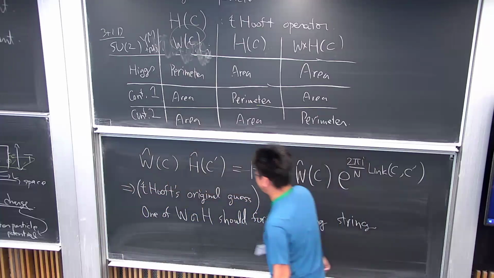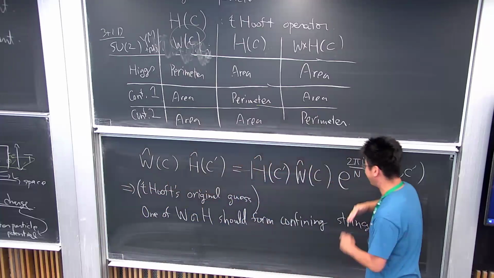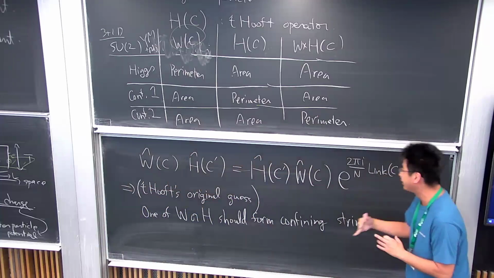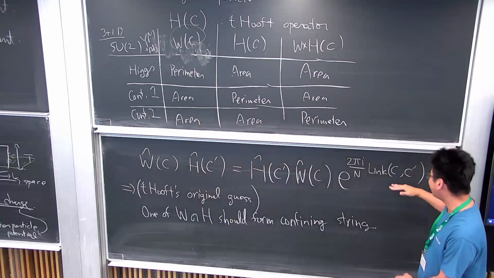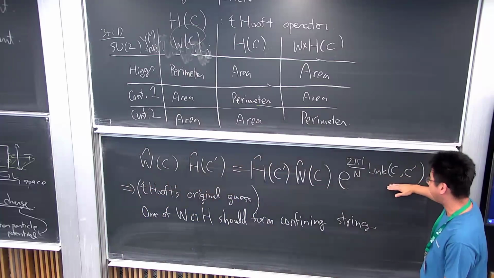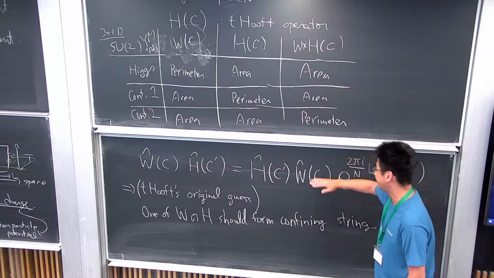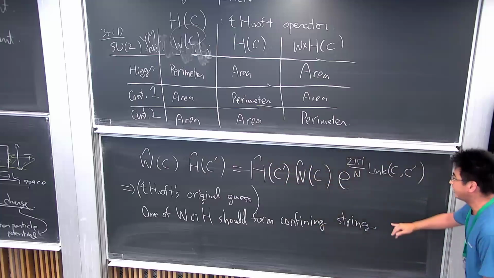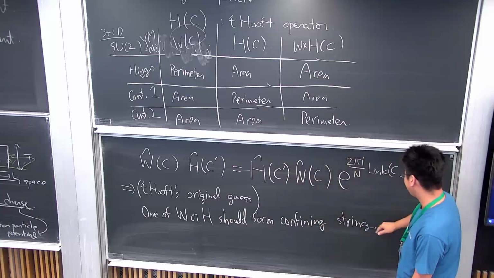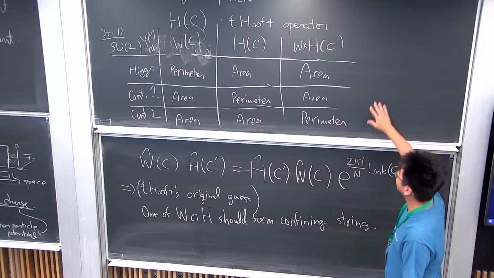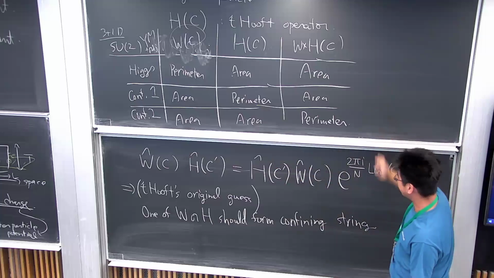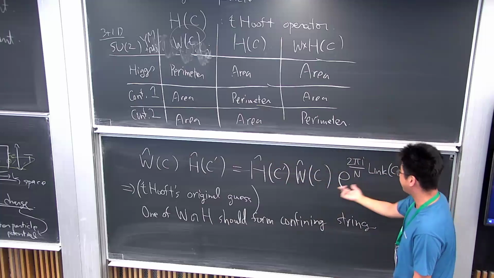Then the world sheet of the confining string is a surface in 4 dimensions, and this mysterious commutation relation can be understood as one being a confining string and the other a charge. This is how 't Hooft derived the idea of the Wilson-'t Hooft classification from this commutation relation.